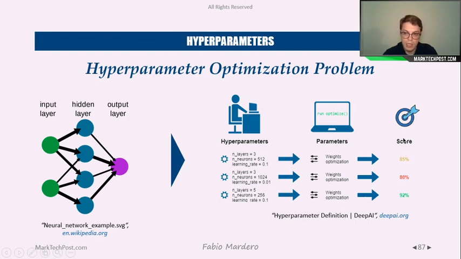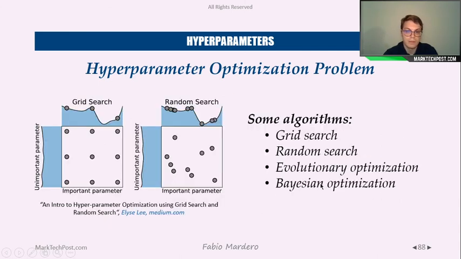We collect a set of scores, and the best hyperparameters will be the set that guarantees us the best possible score here, the best performances. There are several types of algorithms to solve these optimization problems. For example, the grid search, the random search, the evolutionary optimization, and the Bayesian optimization.